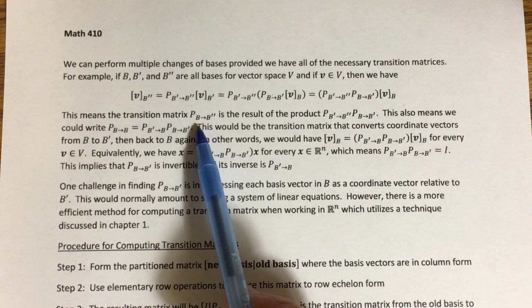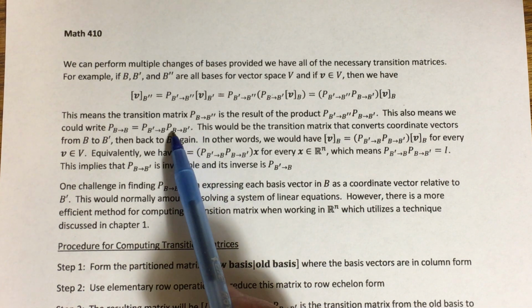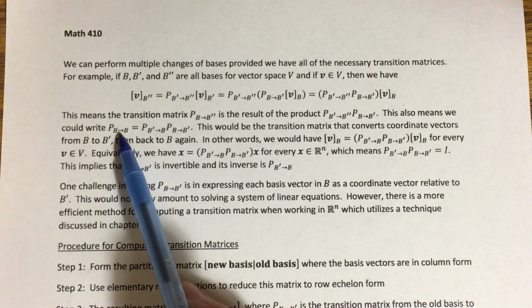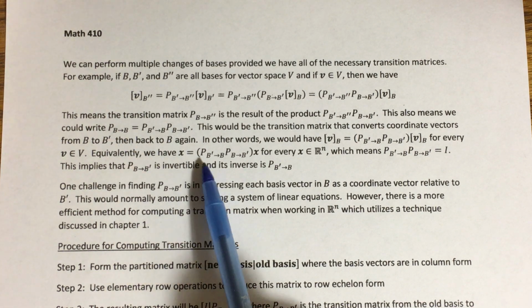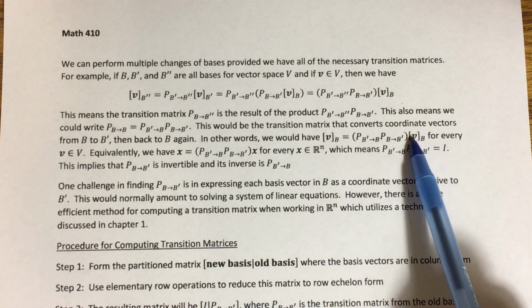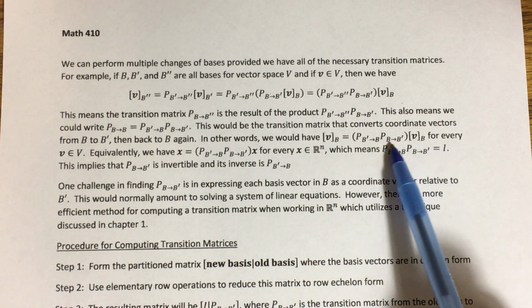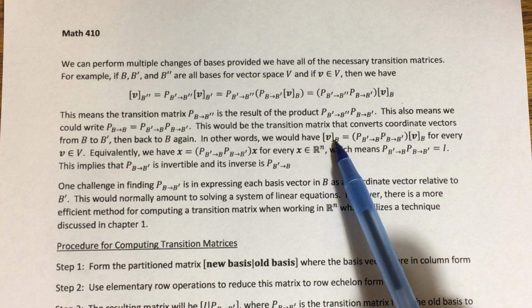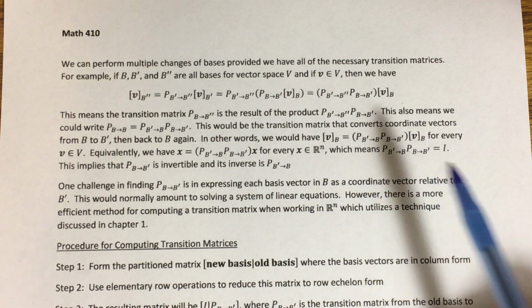In other words, if I multiply a vector relative to B, it takes me into B prime, but then it takes me back into B, and the end result is exactly what I started with. I sort of summarized that here. So again, if I have a coordinate vector v relative to B and multiply it by this transition matrix, which takes me to one basis and then back to the original again, it returns me to the exact same vector that I multiplied it by.